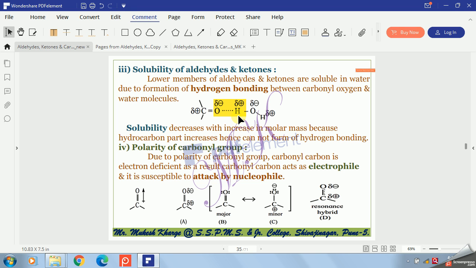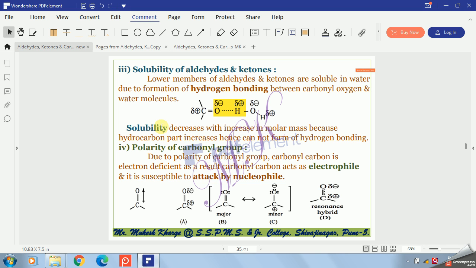Okay, so you have to mention the delta positive charge over carbon, delta negative charge over this oxygen. As this oxygen in water is more electronegative, it is carrying delta negative charge, and these two hydrogens carrying delta positive charge. So hydrogen of that water gets attracted towards the oxygen of carbonyl group, and that interaction is called intermolecular hydrogen bonding because hydrogen is involved in this bonding.